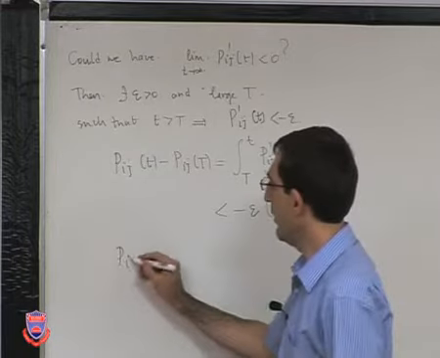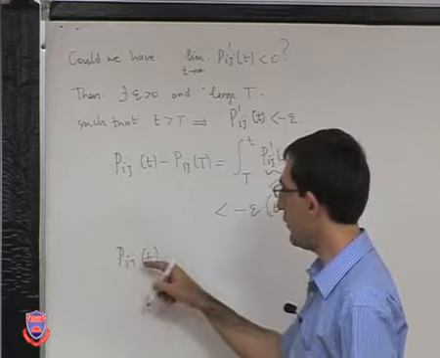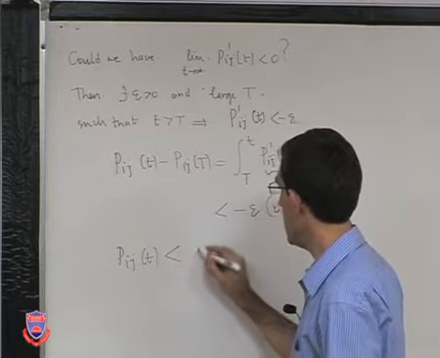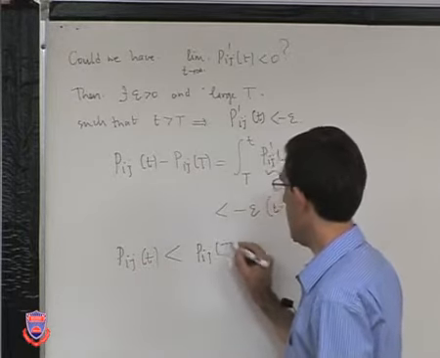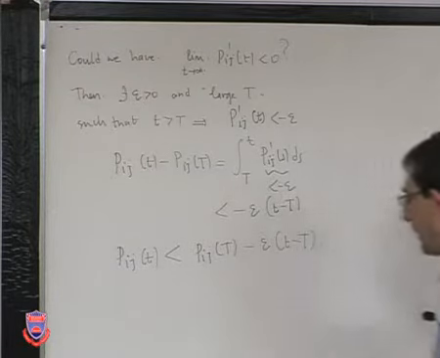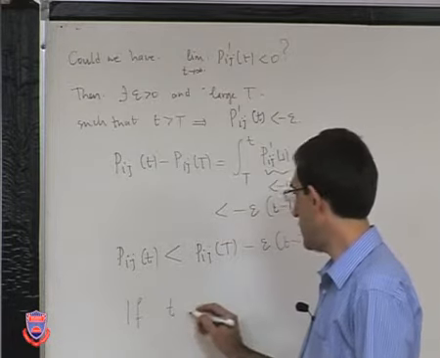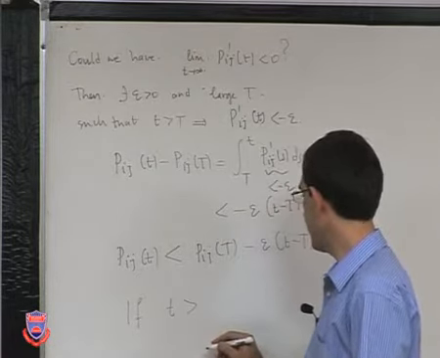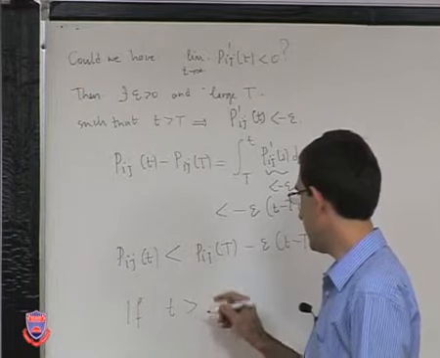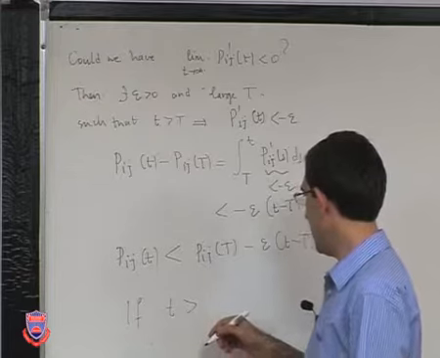So P_ij(t), the transition probability in t units from i to j, is less than P_ij(T) minus epsilon times (t minus T). But then, if t is bigger than, so this is going to be positive. It doesn't really matter, though.